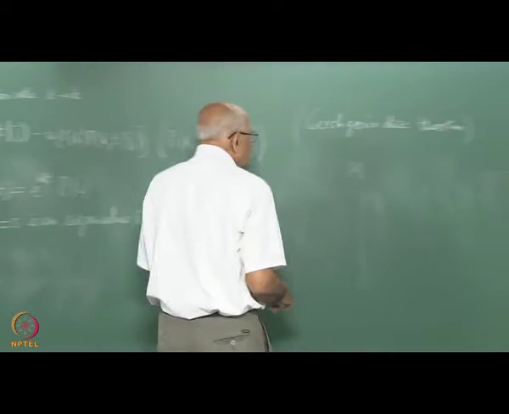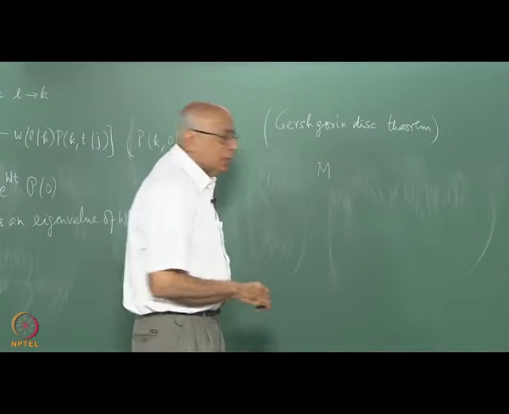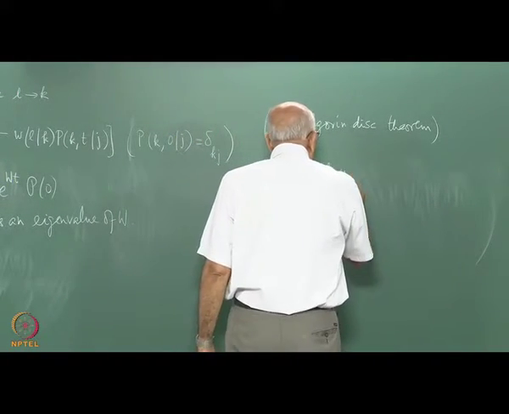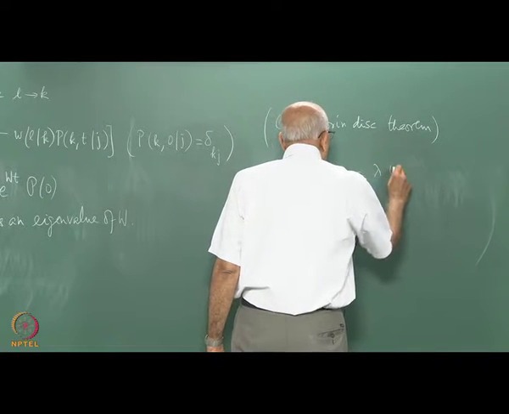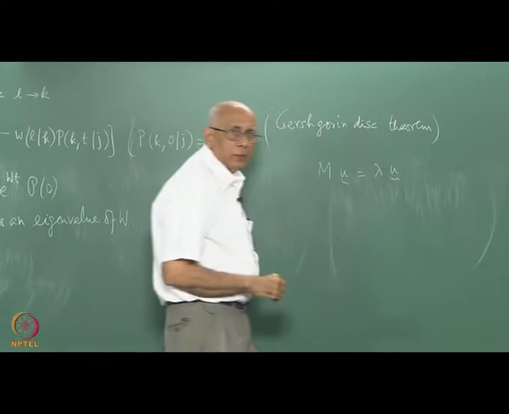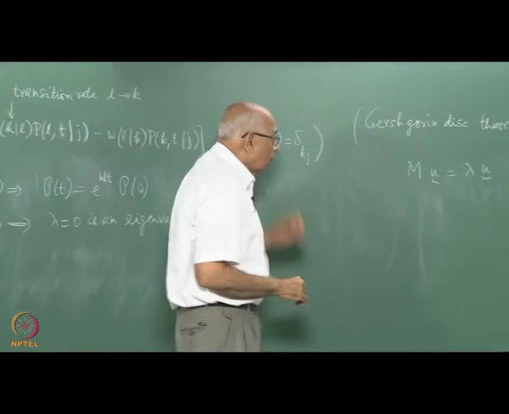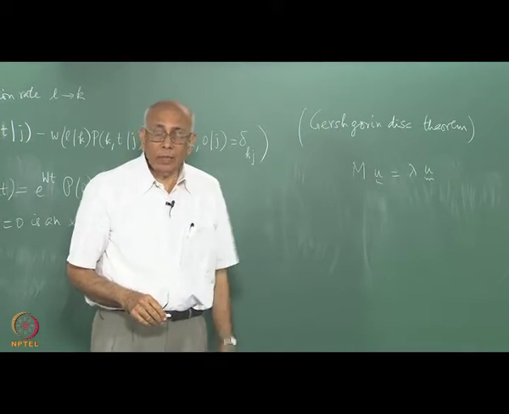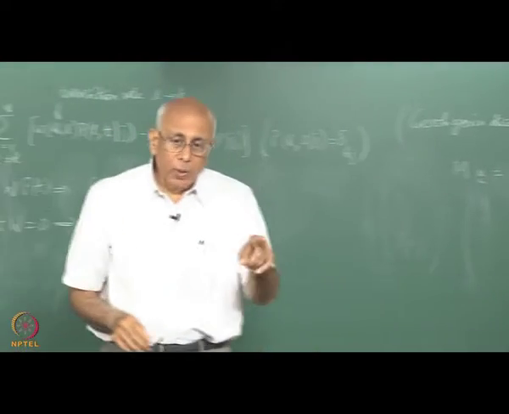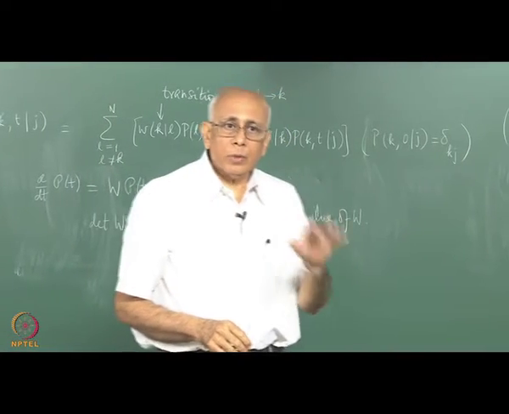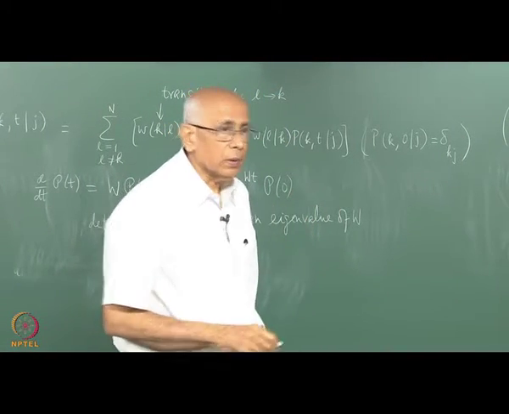This is not a hard theorem to prove, because look at it, here is a simple way of doing this. Suppose lambda is an eigenvalue, then it says M times some eigenvector u equal to lambda times u. Okay. Now let us look at a particular eigenvalue lambda and corresponding eigenvector u.